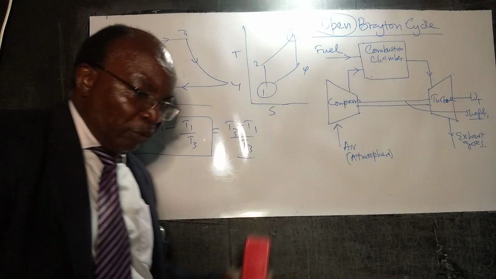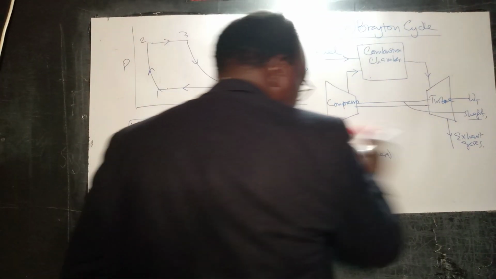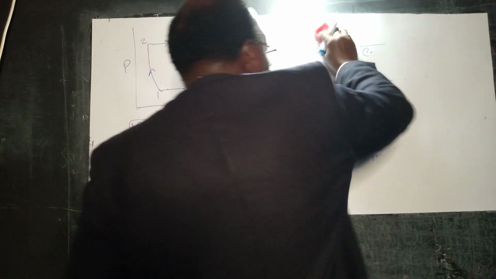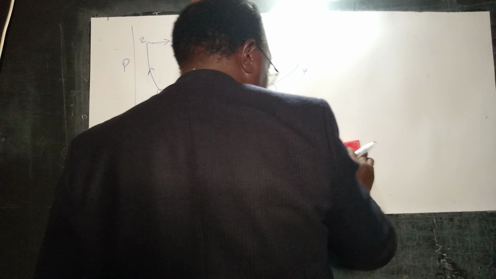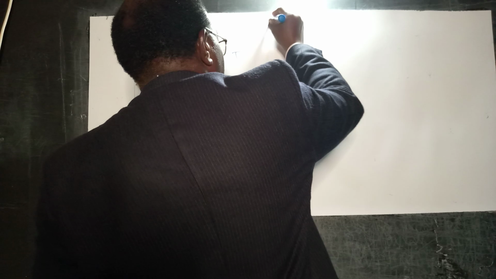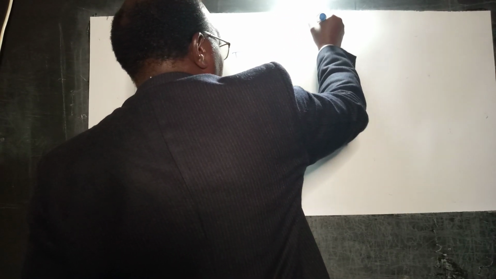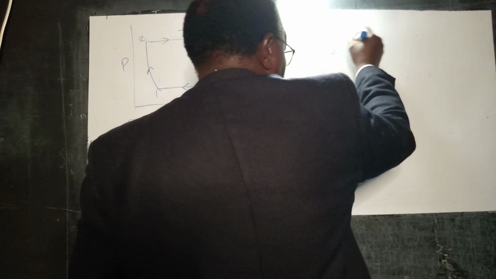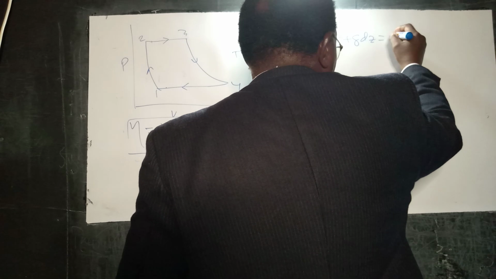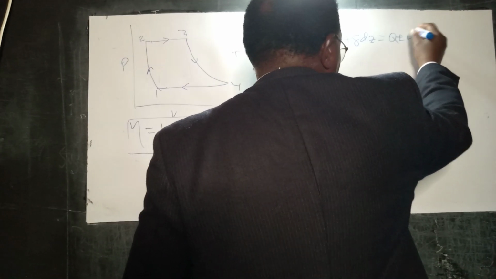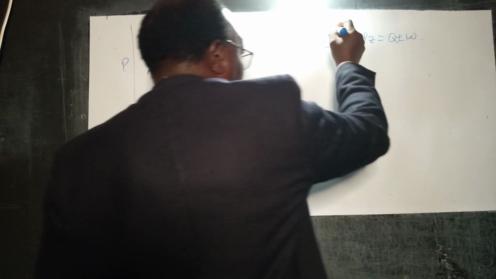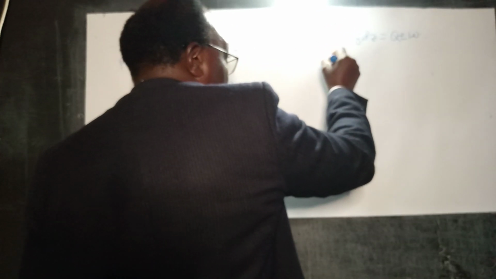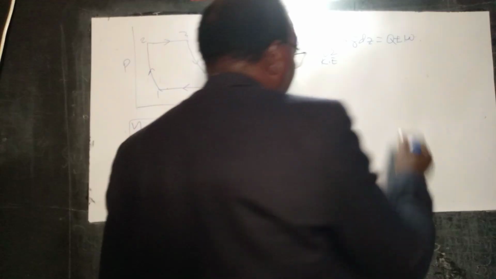But if we compute the work done, in terms of work, assuming steady state processes, we remember from steady state processes that dH plus d(C squared over 2) plus g dz was Q plus or minus W. Because kinetic energy is not an issue there, we can ignore it, it's not significant.